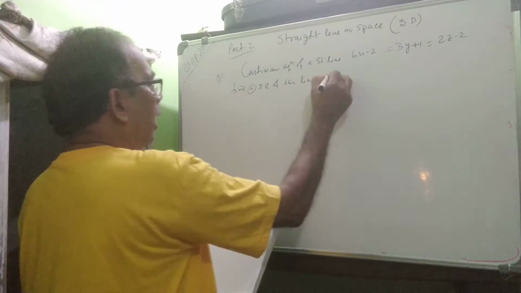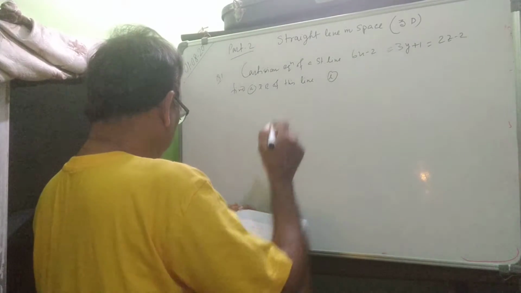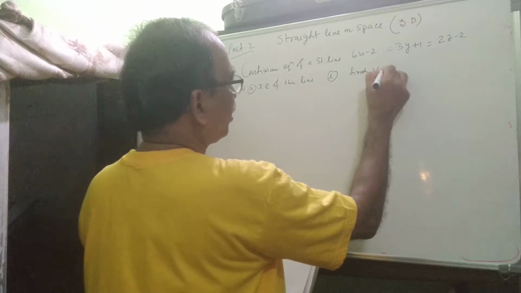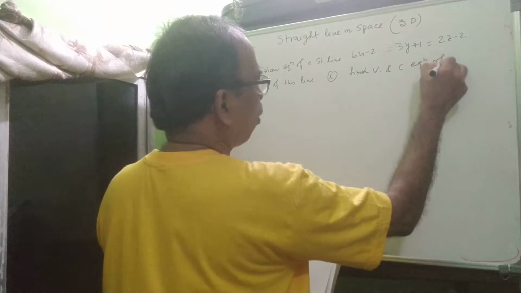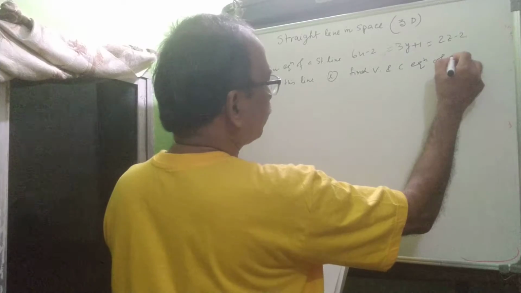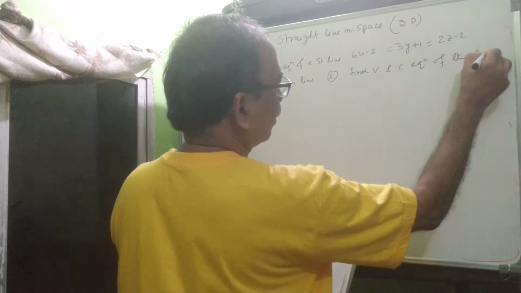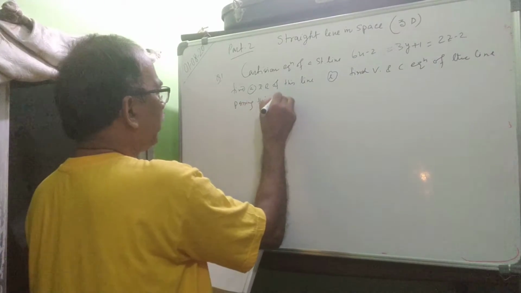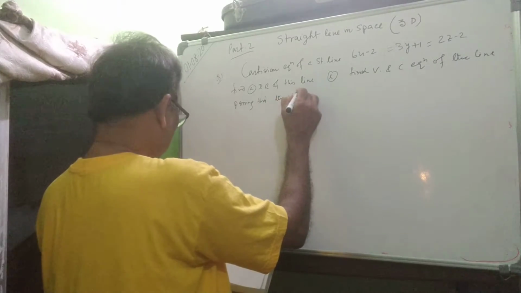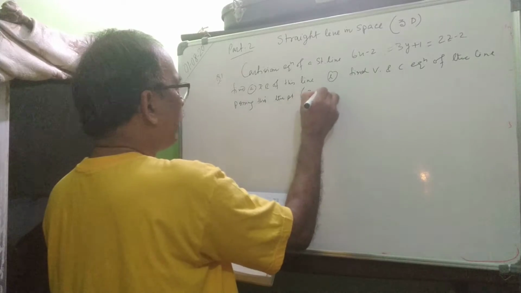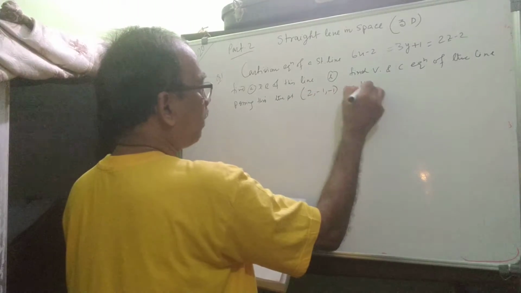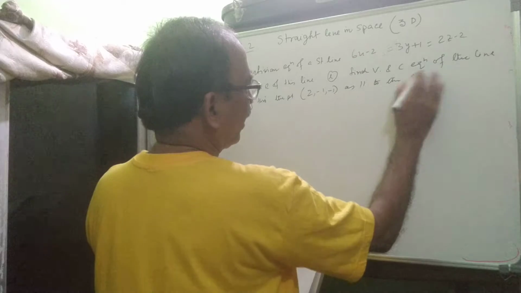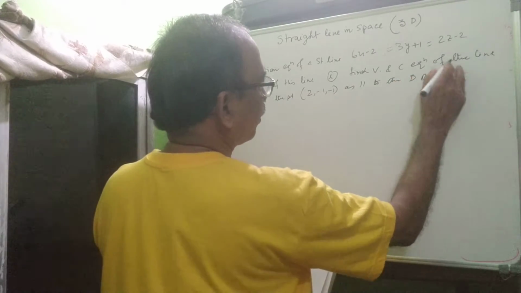And question B: find the vector and Cartesian equation of the line passing through the point (2, minus 1, minus 1) and parallel to the direction ratio of the given equation.